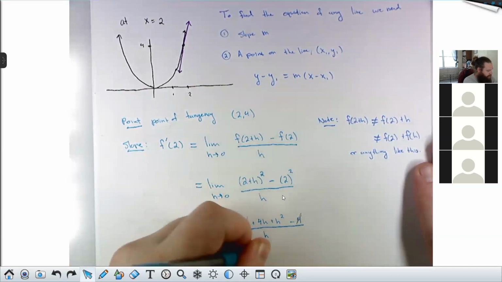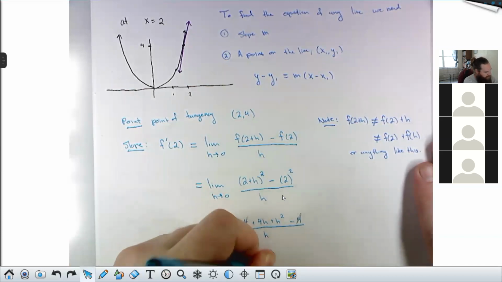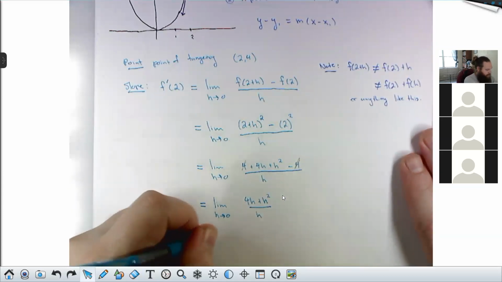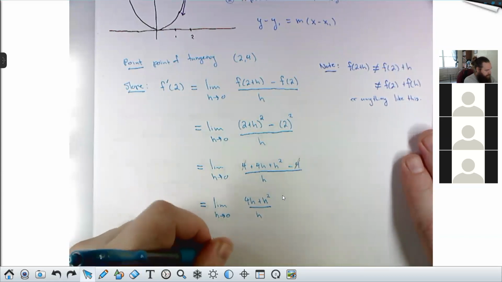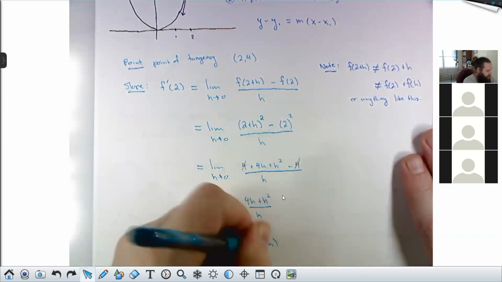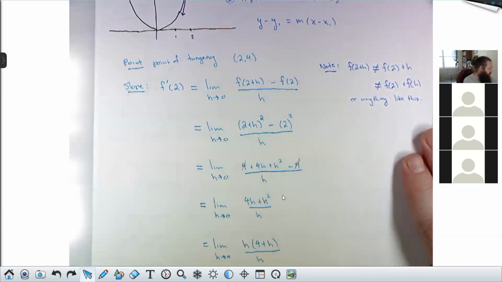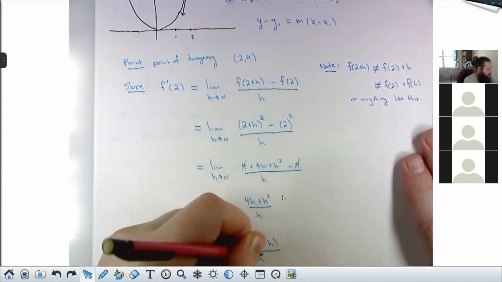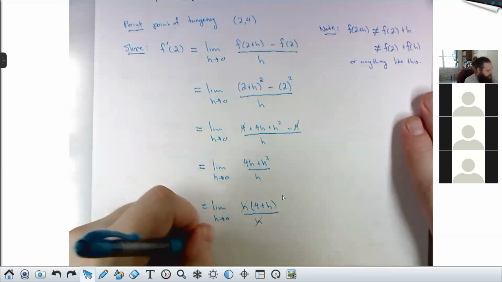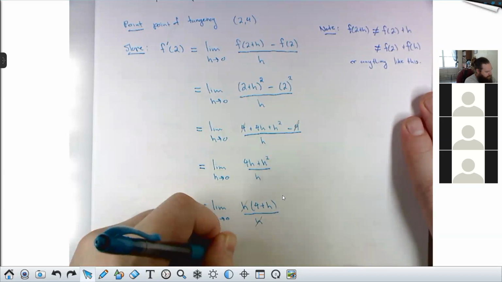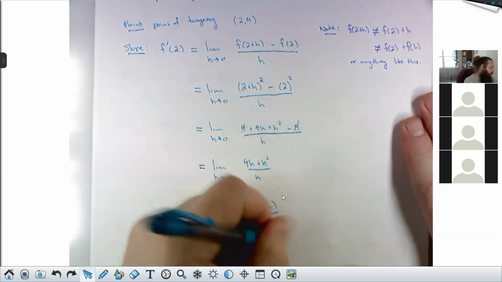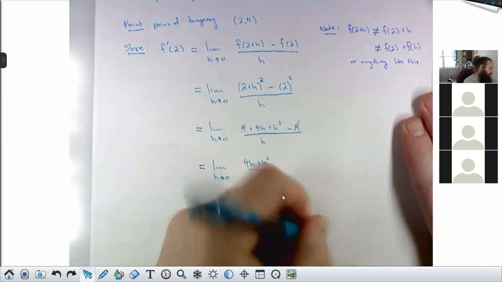So I've got 4h plus h squared all over h, which is the limit as h goes to 0 of h times 4 plus h all over h. And now these go. Left just the limit, h goes to 0 of 4 plus h, which is 4 plus 0, which is 4.